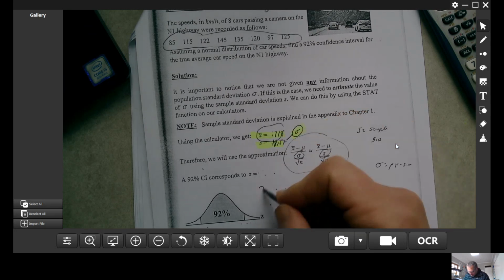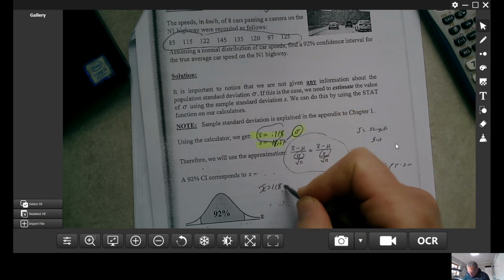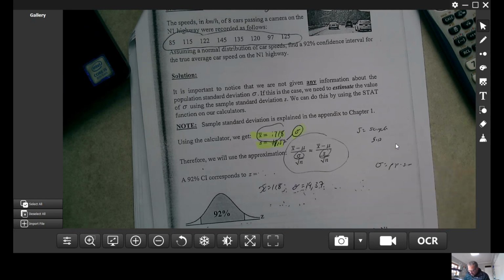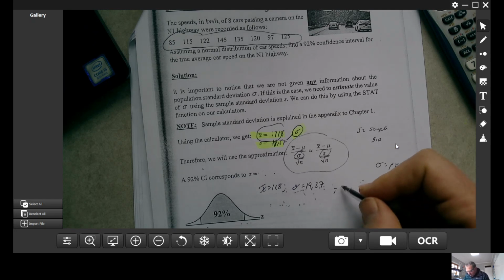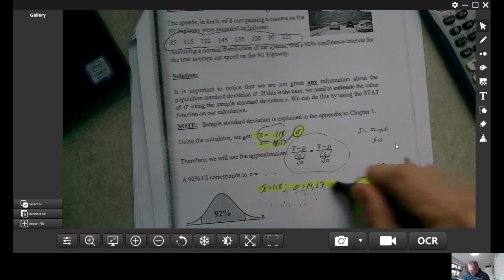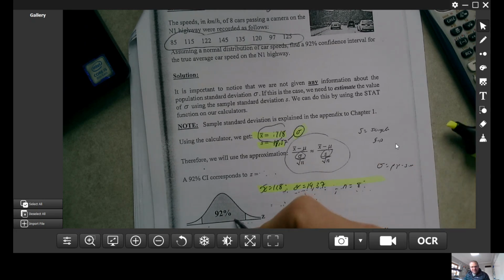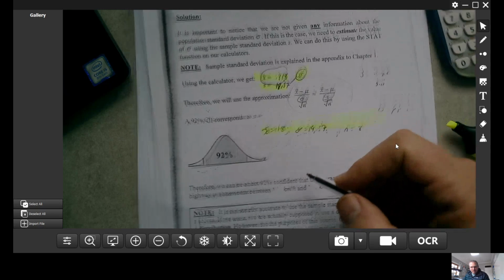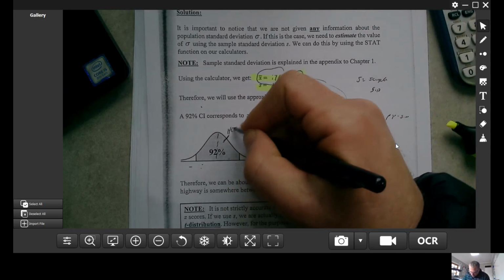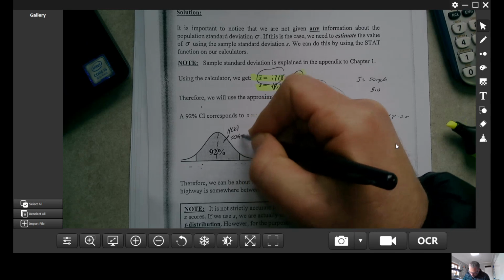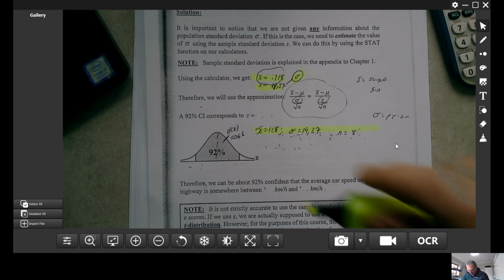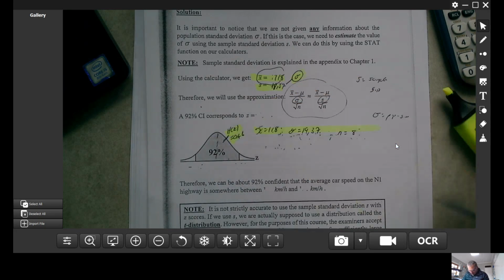Right, so now I've got my parameters. I've got x bar equal to 118. I'm going to use a sigma estimate of 19,37. I've got a sample size of 8 cars. The last thing I need to find is Z. To find Z, I'm going to look at a 92% confidence interval. For a 92% confidence interval, half of Z is going to be 0.46.